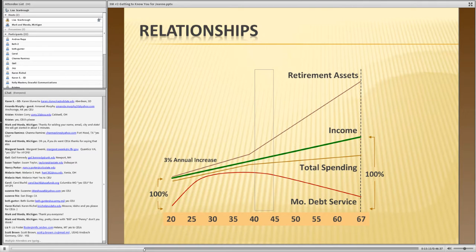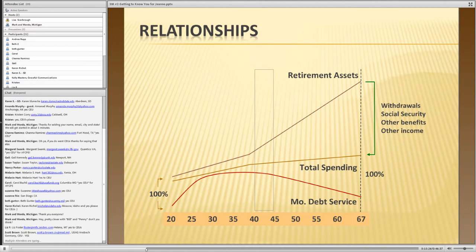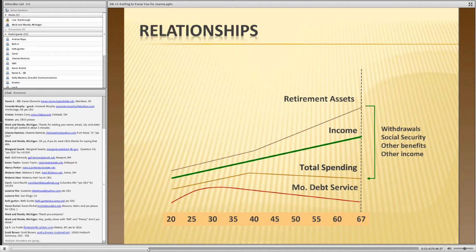Now, what we do is with the excess, because we're spending less and our debt service is less, it should be going into your retirement assets and growing for you at a rate at or above the rate of inflation, so that when we get to retirement, the benefits that you have in your assets, when we assign a withdrawal rate to them plus other benefits, will come close to what your income was, or at least meet your spending going into retirement.